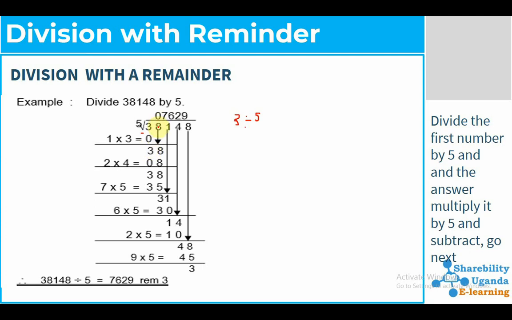Then we still have numbers remaining here. We bring down the 8 and it becomes 38. So we say 38 divided by 5. What do we get?